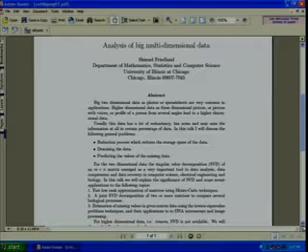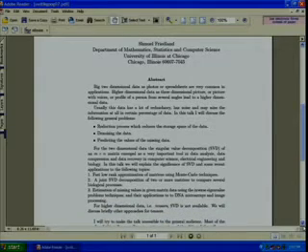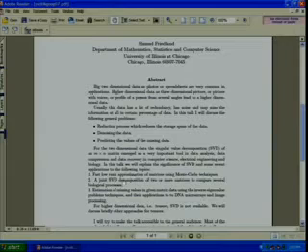I will show you the strengths and what kinds of problems one can solve in the two-dimensional case. For example, how one can do a fast low-rank approximation.